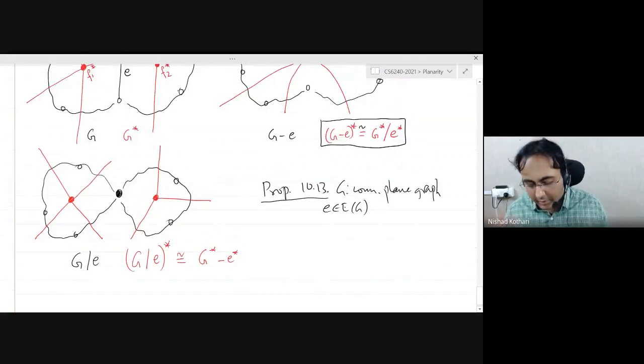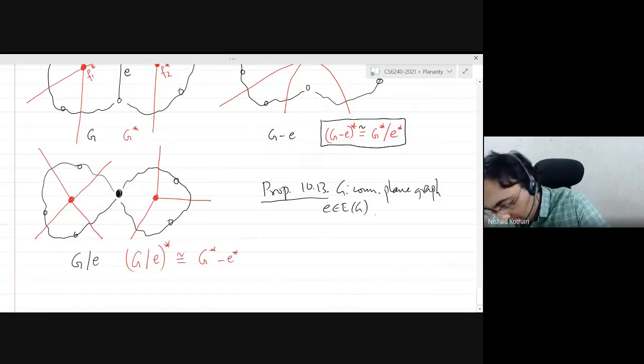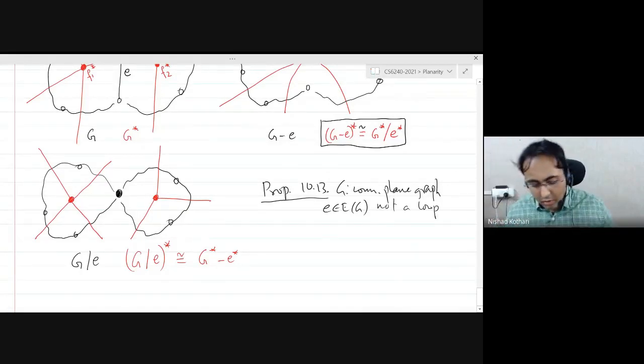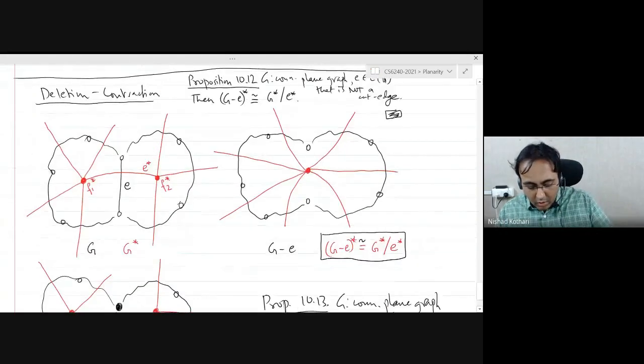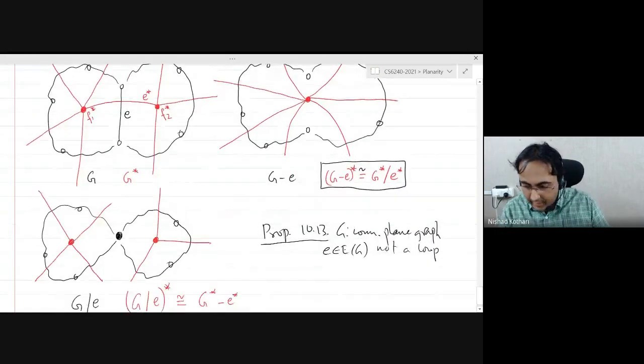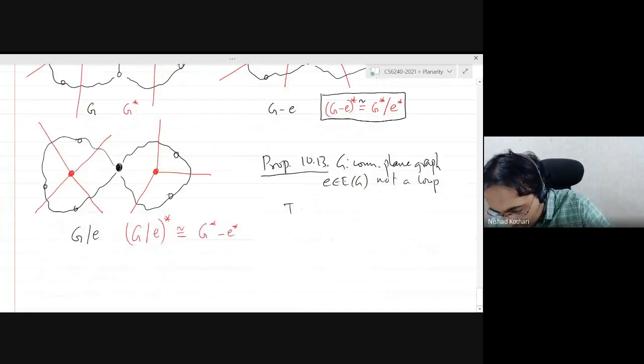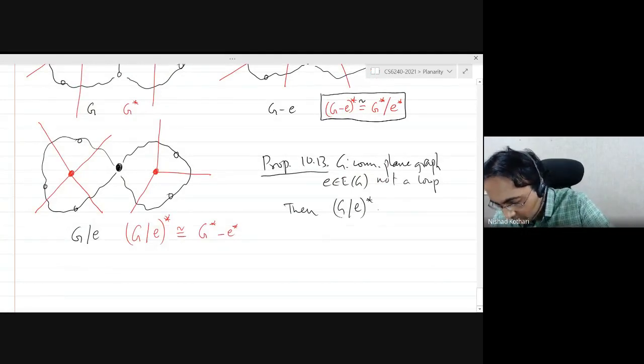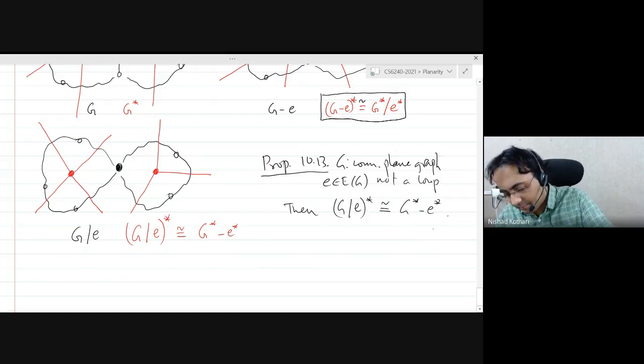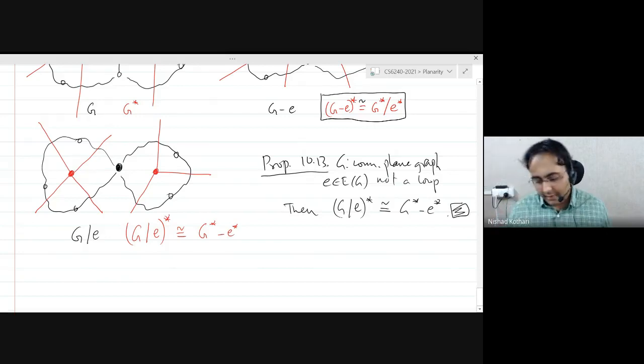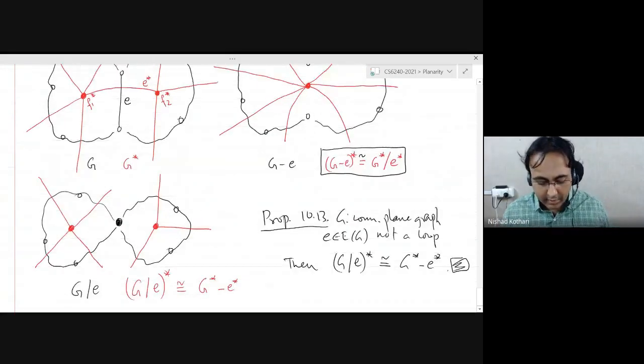Think about the case when it is a loop. Here we are going to assume that it is not a loop. In this case, contracting the edge and then taking the dual is the same as first taking the dual and deleting the edge E star. Again, the proof is not too difficult. It's basically converting what we did in figures into a rigorous proof.